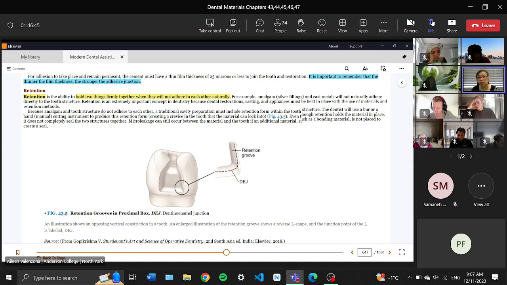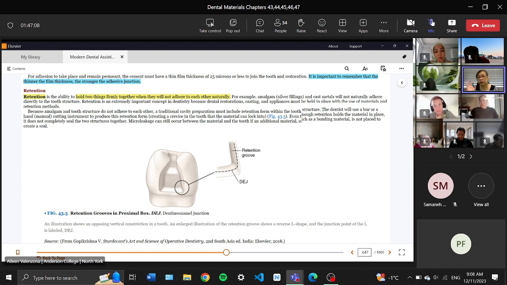Even though retention holds the material in place, it does not completely seal the tooth structure together. Microleakage can still occur between the material and the tooth if additional materials, such as bonding material, are not placed to create a seal. So that is how we do it in amalgam. That is the way the dentists do retention for amalgam.